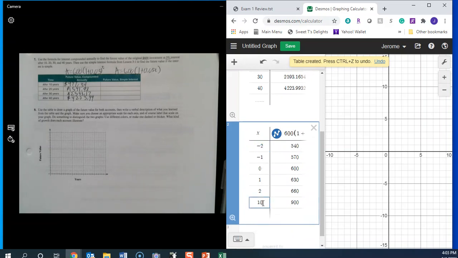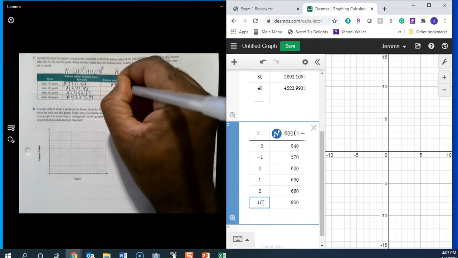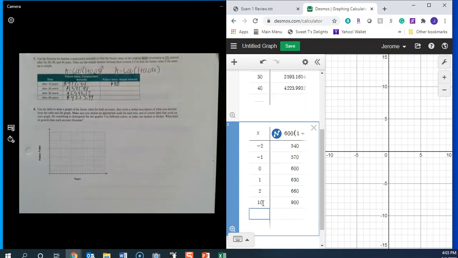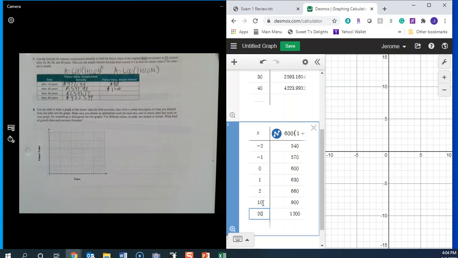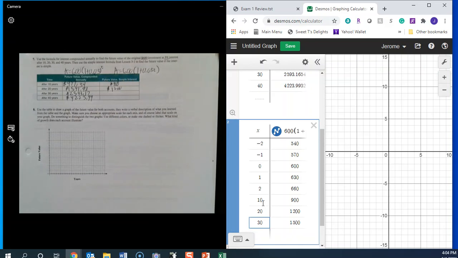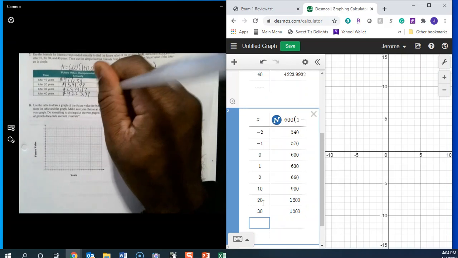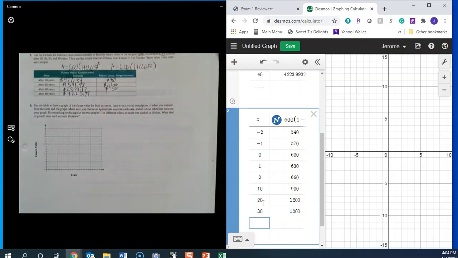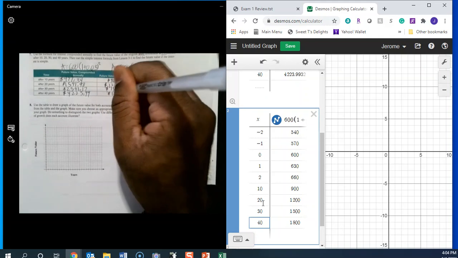We'll do 10 years, that'll be $900. We'll do 20 years, that'll be $1,200. 30 years, that'll be $1,500. And then finally 40 years, that'll be $1,800.